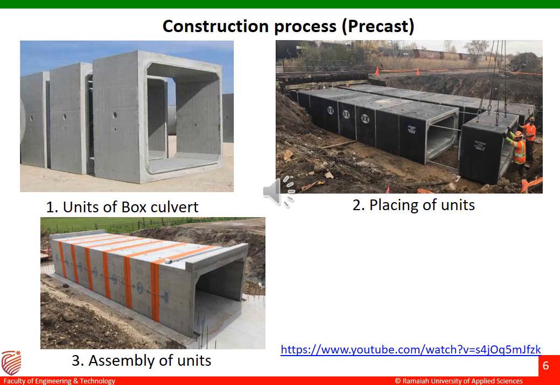Then you can see the YouTube link at the bottom, so you can refer to that video for the complete construction process of the box culvert. I hope that video will give you a clear picture of how you can construct box culverts using precast elements.